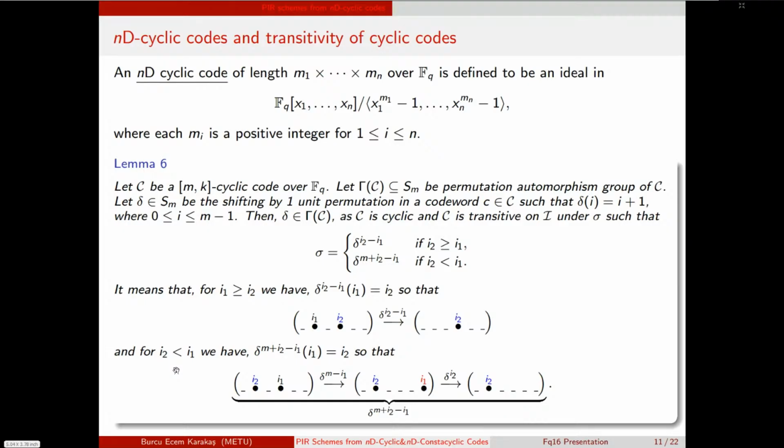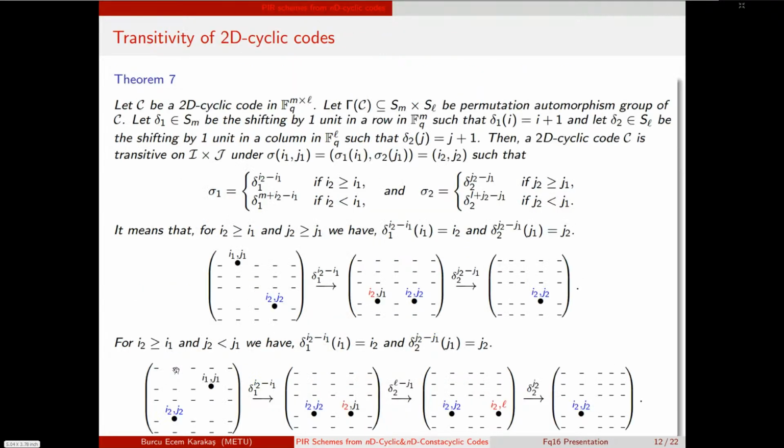We must do I2 minus I1 cyclic shift operations, or n plus I2 minus I1 cyclic shift operations. Then the cyclic codes are transitive, so we can generalize this idea for 2D cyclic codes also.